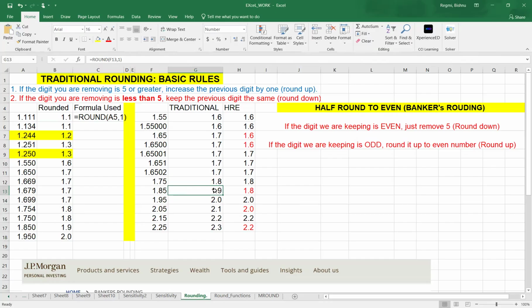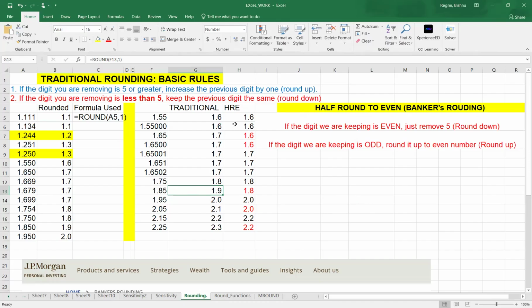A more accurate method for reducing the systematic bias in large datasets is to use round half to even, or Banker's method. So let me explain how this method works.